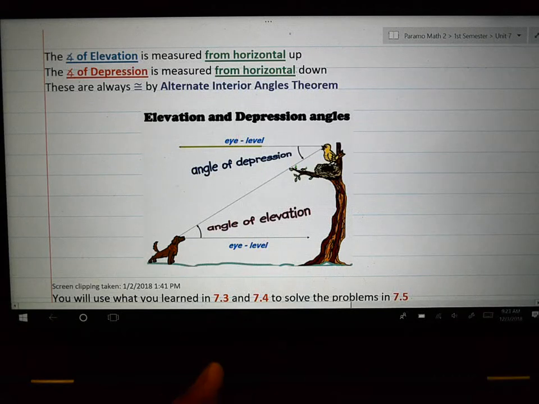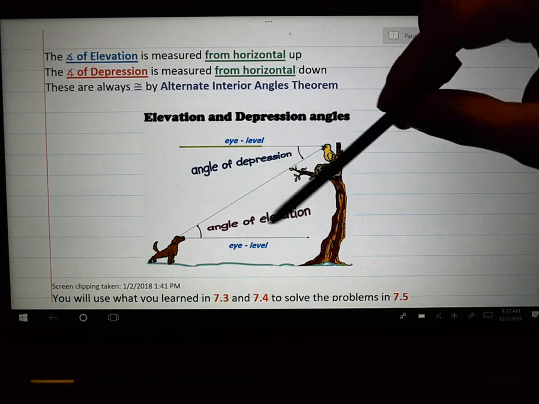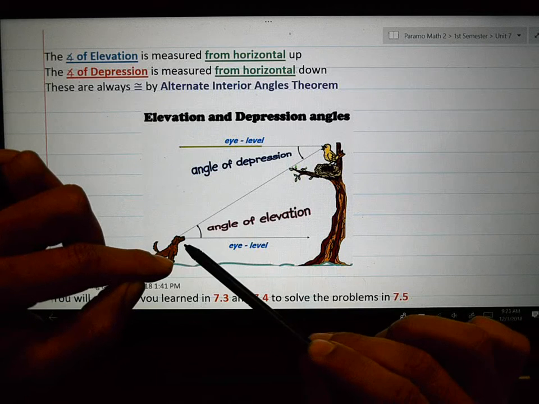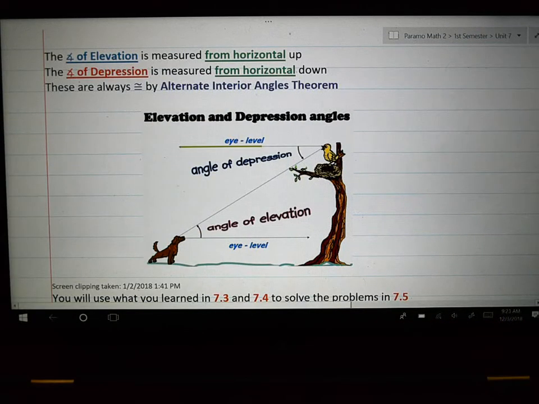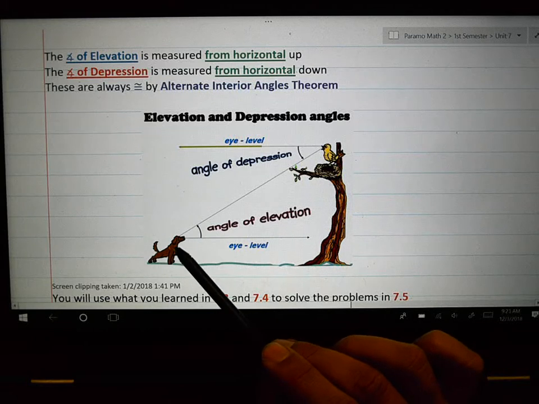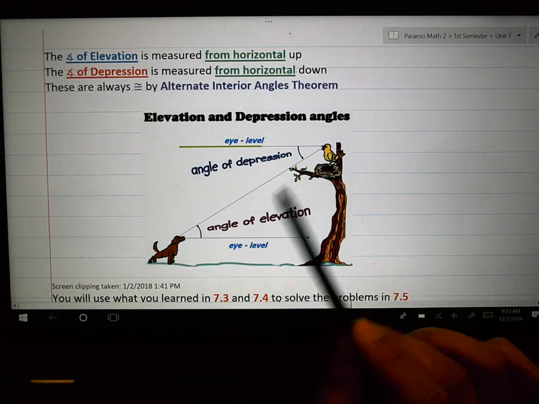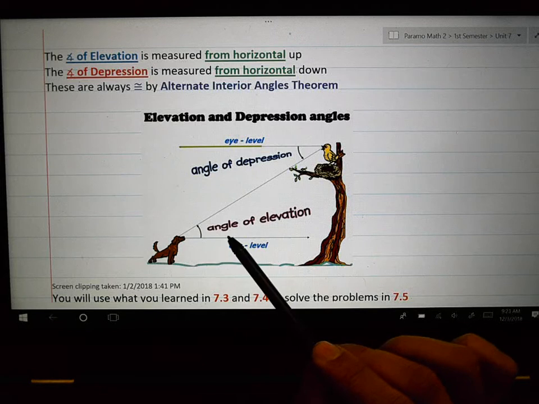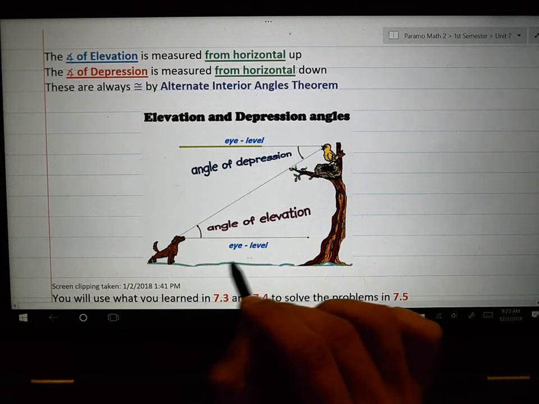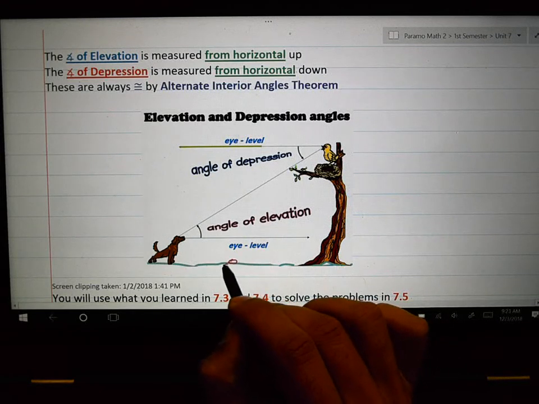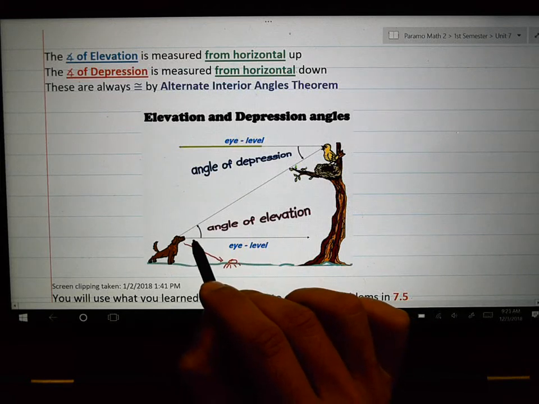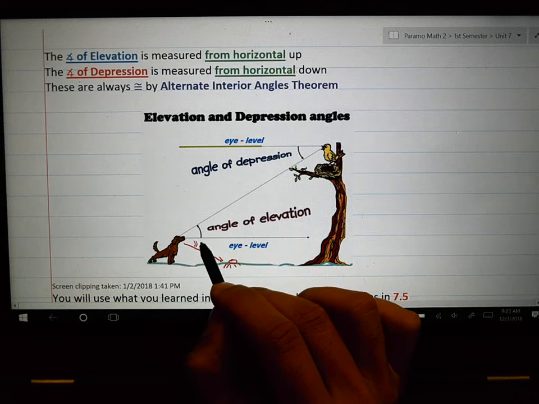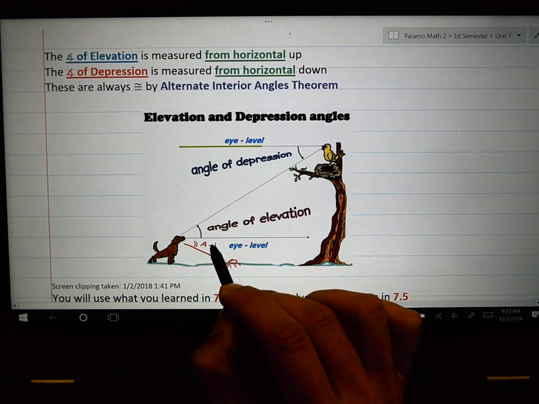If a word problem asks whether this is an angle of elevation or depression, you have to decide: is the object going from horizontal up or from horizontal down? The other thing is that even though you see this dog looking up at the bird for an angle of elevation, if there was some bug on the ground and the dog was looking down at the bug, that can also be an angle of depression.